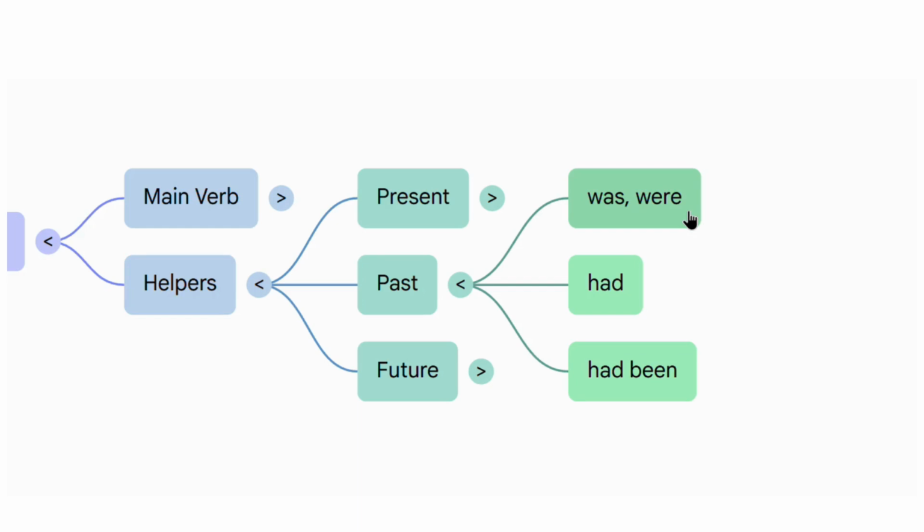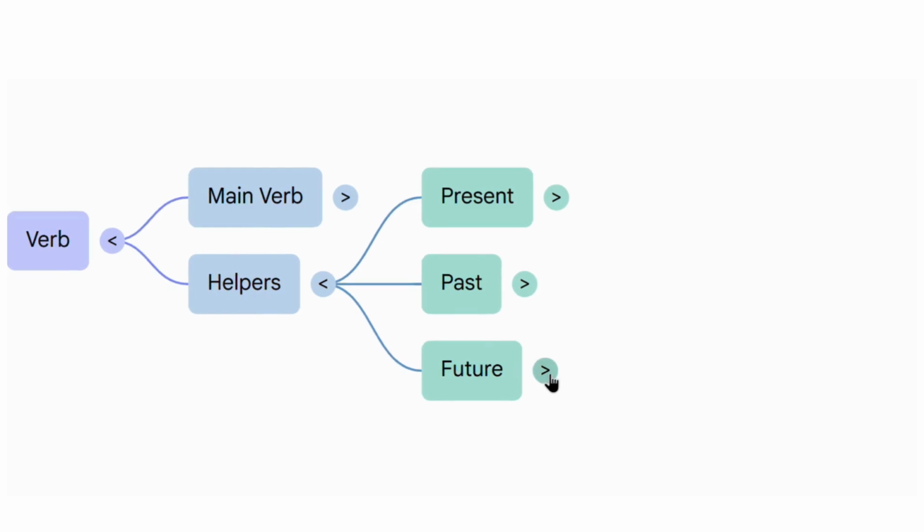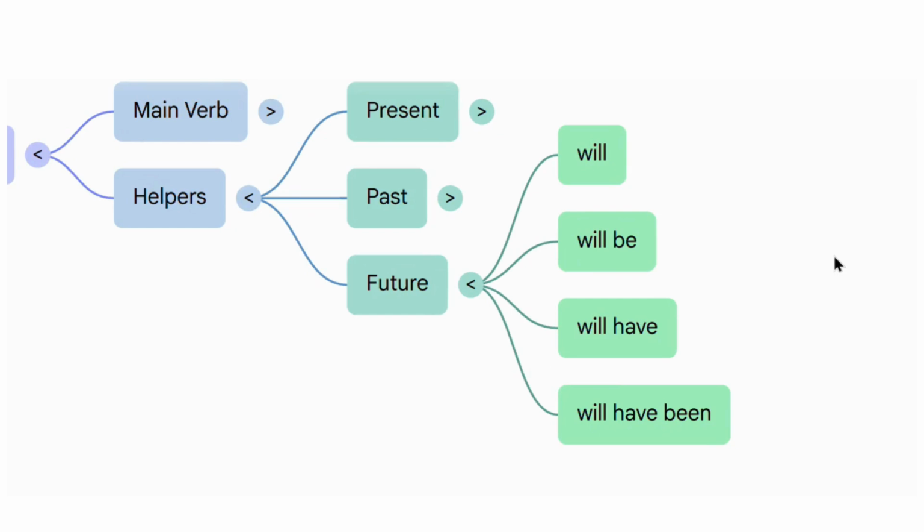So totally 3 multiplied by 4, we have 12 tenses. That means we have 12 time zones in English, to mention clearly when a particular action has happened. For each time zone, we have a set of helping verbs. That is what is given in the mind map, and you can easily see it.